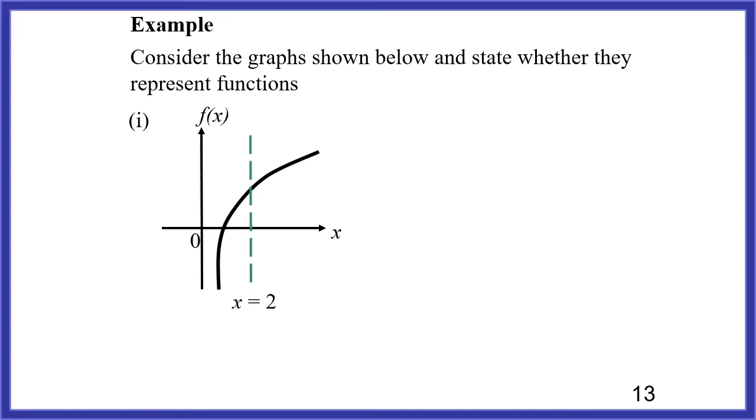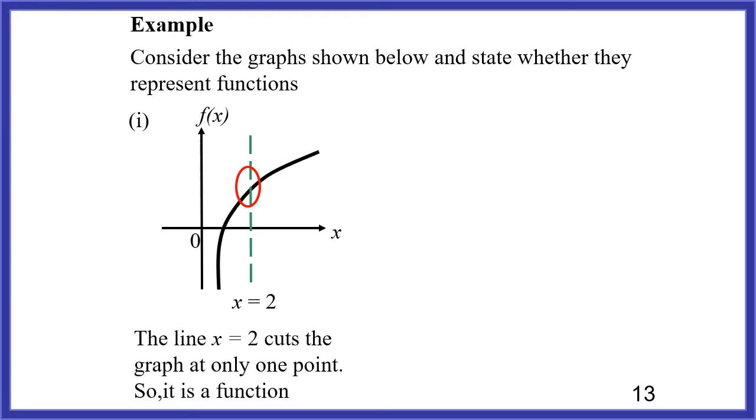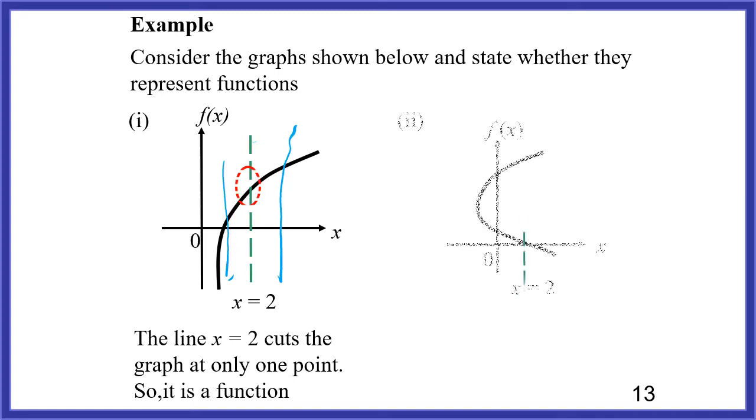We draw a line parallel to the y-axis, and then move it from left to right or from right to left to check whether the vertical line passes through one point only on the graph. Here it cuts through only one point. If we move it to the right side, it also cuts at one point. Here also one point. Okay, so it is a function.